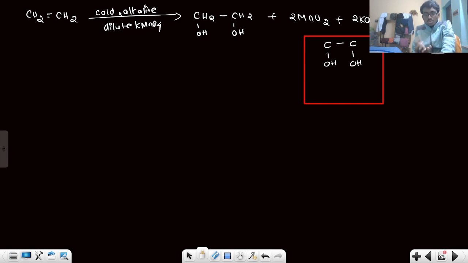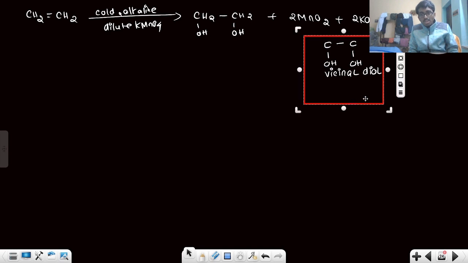If the OH groups are present on adjacent carbons, two side by side or consecutive carbons, then we say it is a vicinal position, and since it is two hydroxy groups, it is a vicinal diol. So if two OH groups are present on consecutive carbons, that is a vicinal diol.